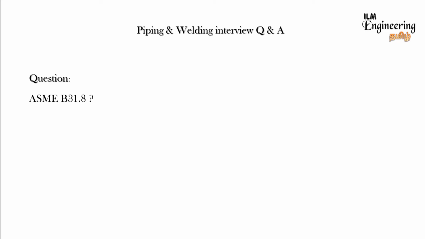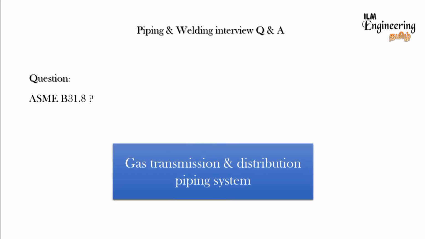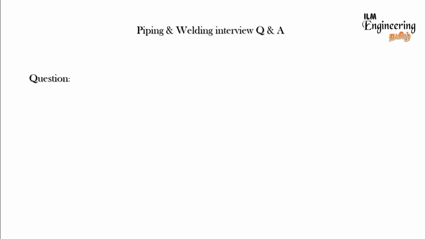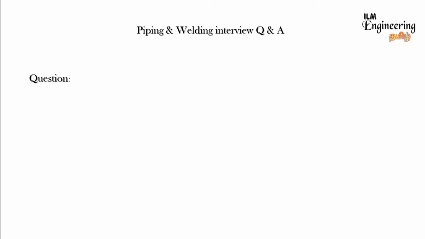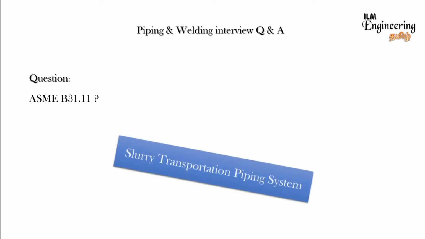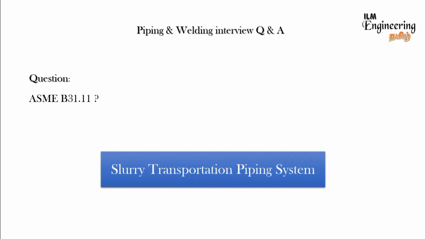ASME B31.8 Gas Transmission and Distribution Piping System. ASME B31.9 Building Service Piping System. ASME B31.11 Slurry Transportation Piping System.